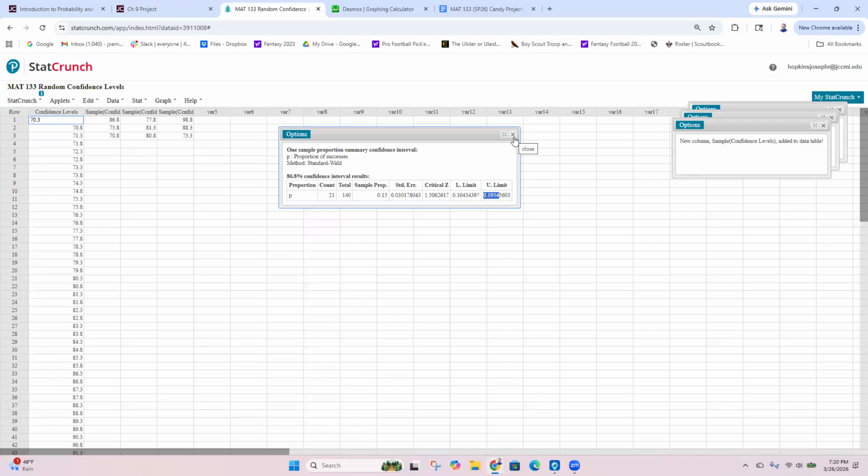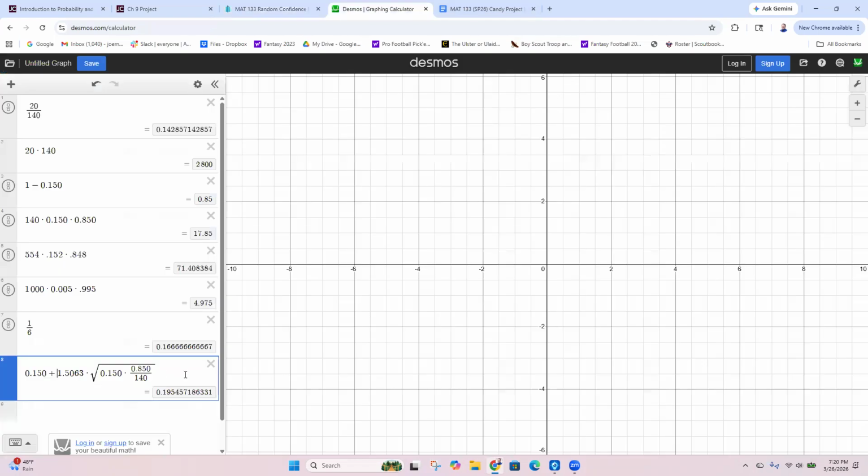If I come back over here to my calculator, okay, if I change my sample size from 140 to say 2000, now my upper limit is very close to 16%, and my lower limit is very close to 14%.